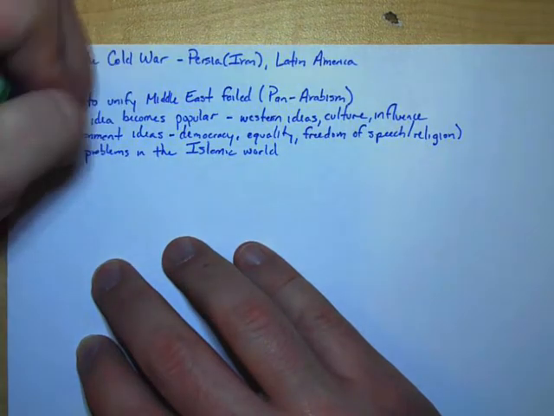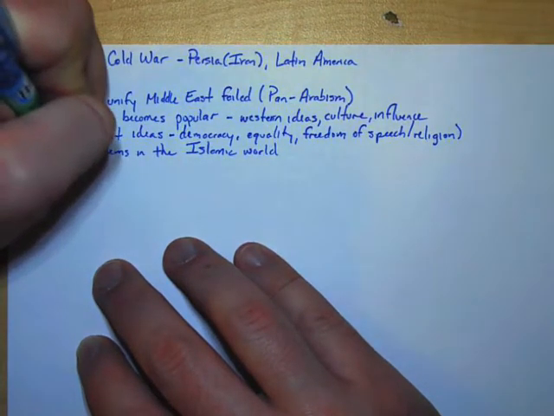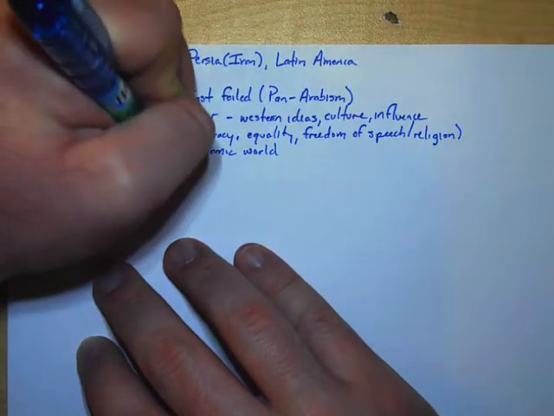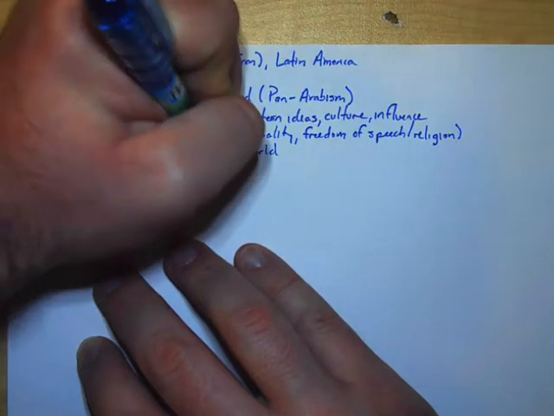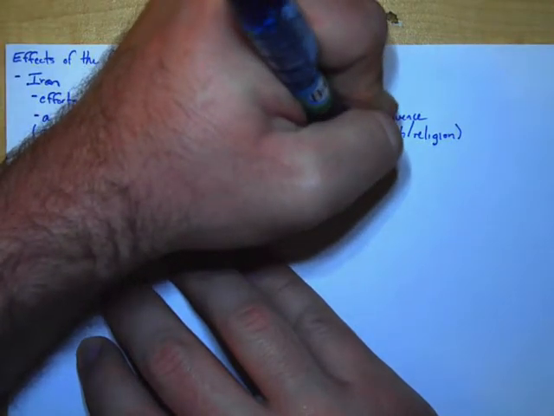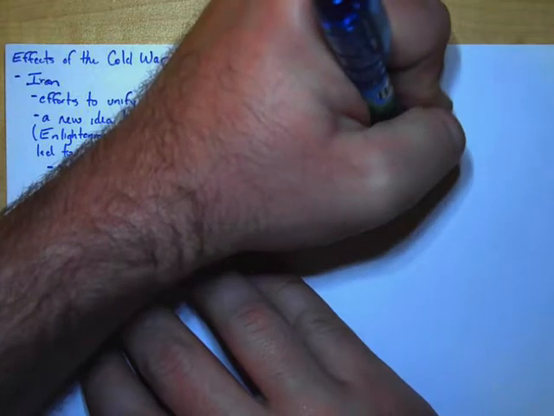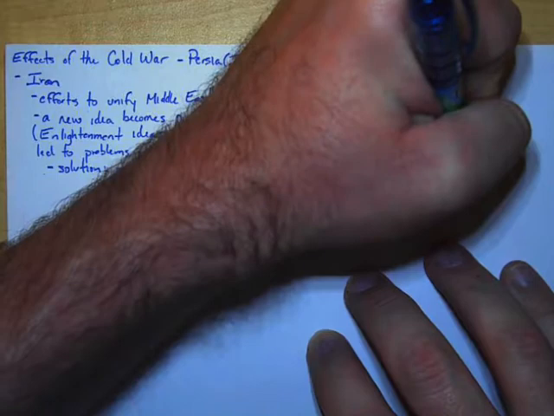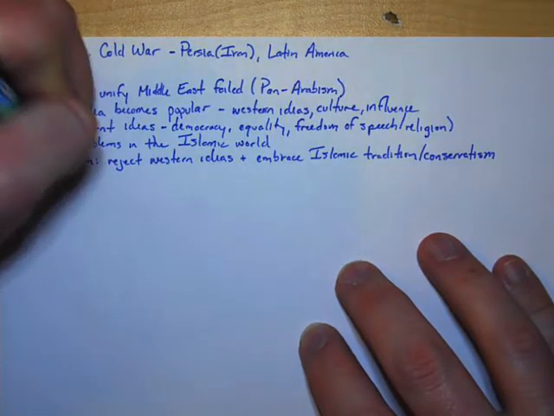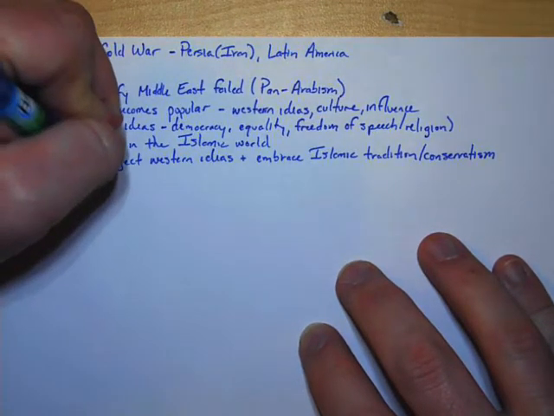So the solution to this problem is to reject Western ideas and embrace Islamic tradition and Islamic conservatism. And this idea is really easy to remember. This idea is called Islamism.